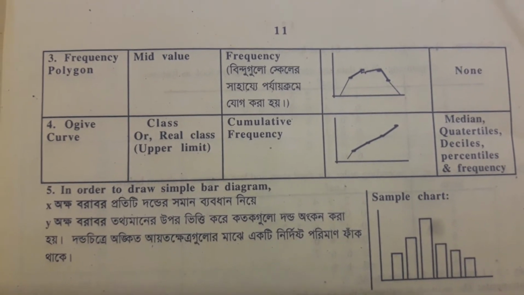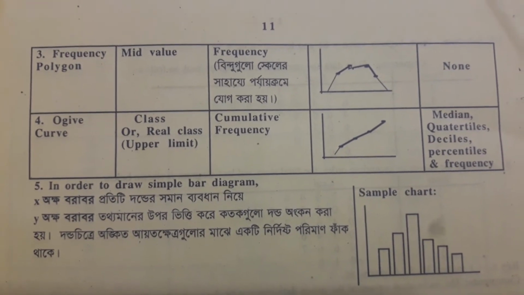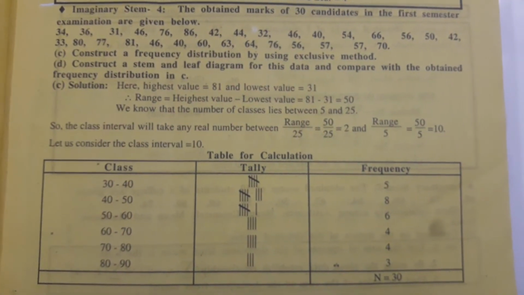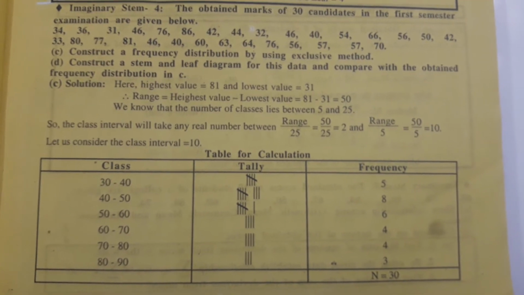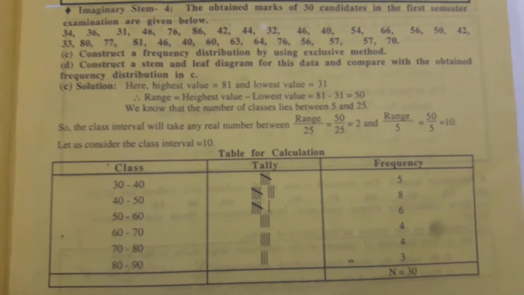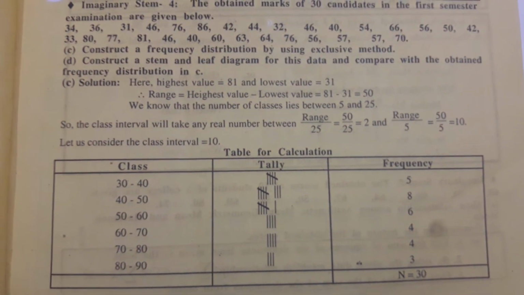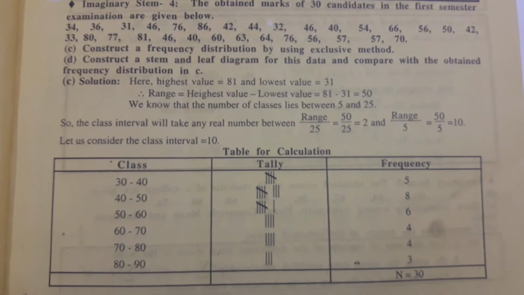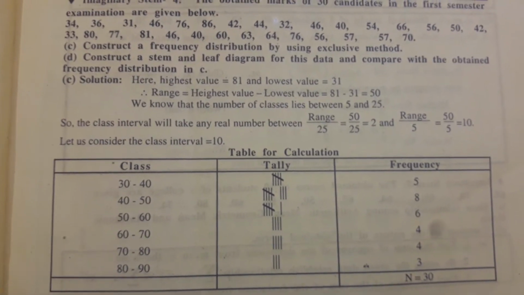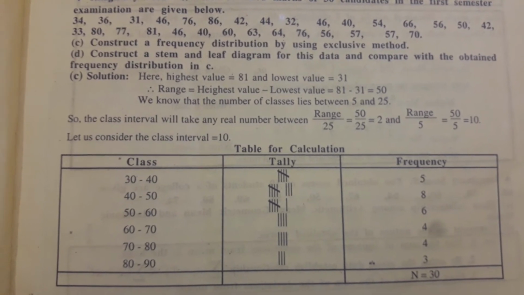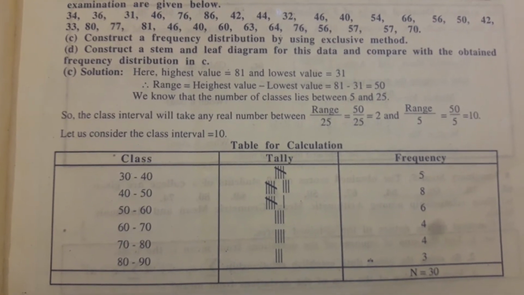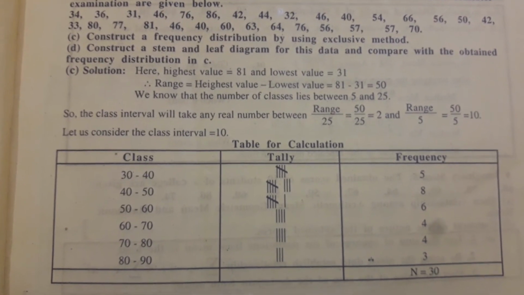Now we can discuss a creative question. The obtained marks of 30 candidates in the first semester examination are given below: 34, 36, 31, 46, 76, 86, 42, 44, 32, 46, 40, 54, 66, 56, 50, 42, 33, 80, 77, 81, 46, 40, 60, 63, 64, 76, 56, 57, 57, 70.